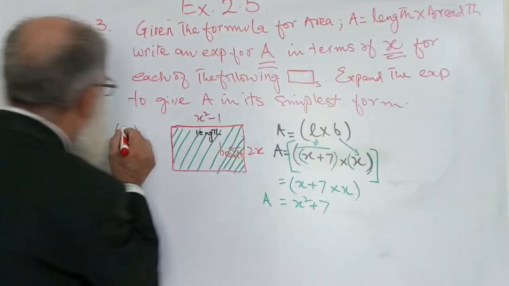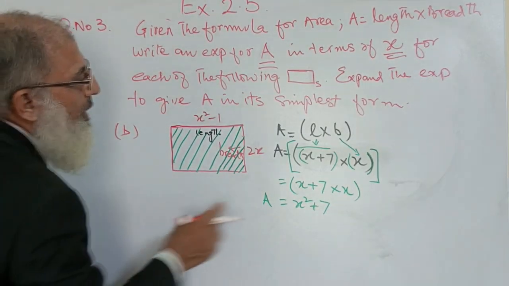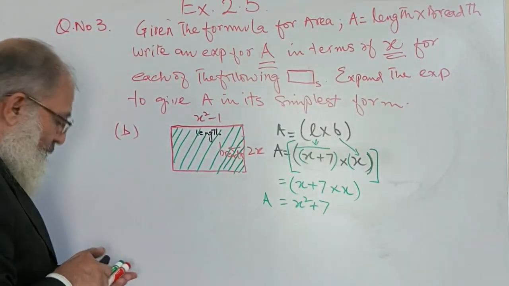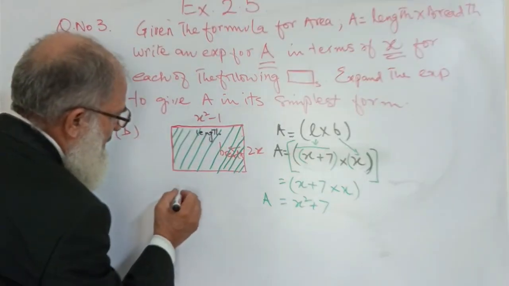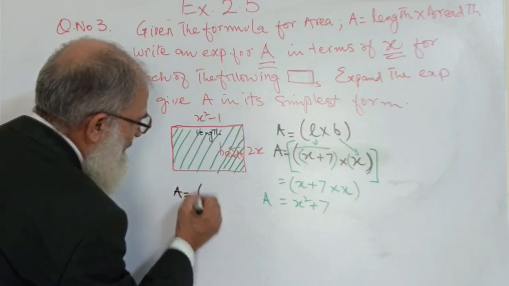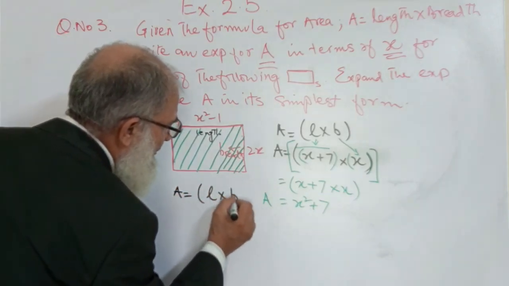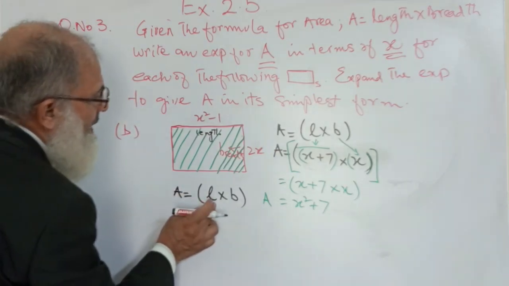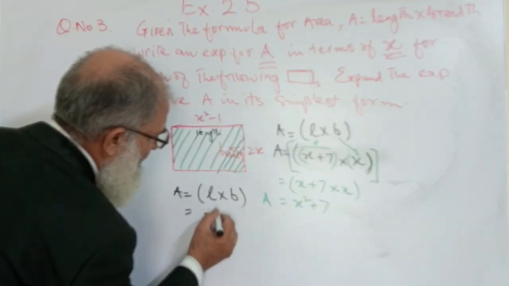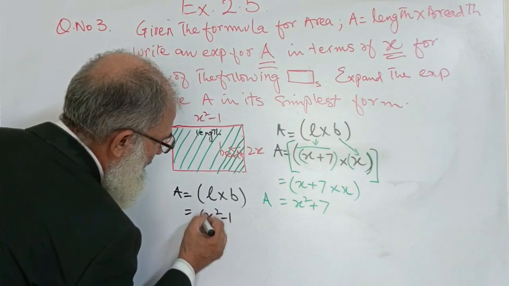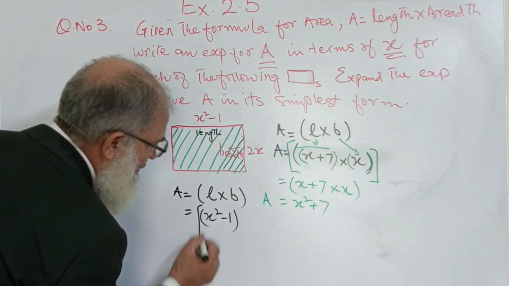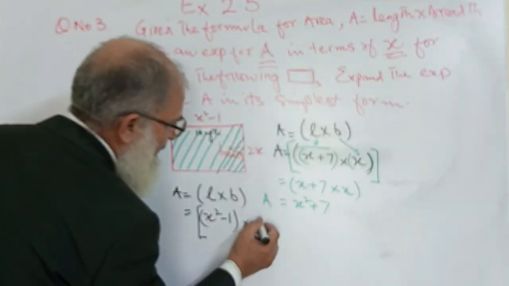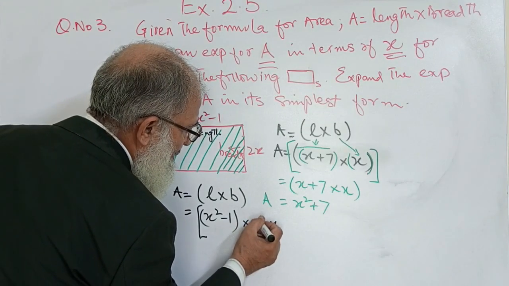Now this is part B. Again the formula will remain the same. Let me rewrite the formula: length multiplied by breadth. Now length is x square minus 1, multiplied by 2x.